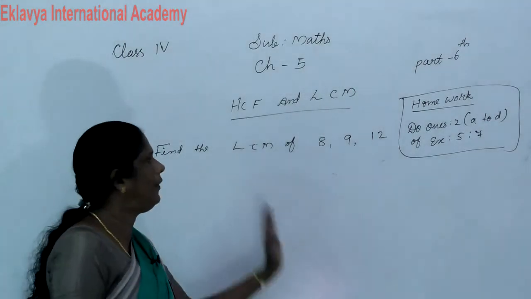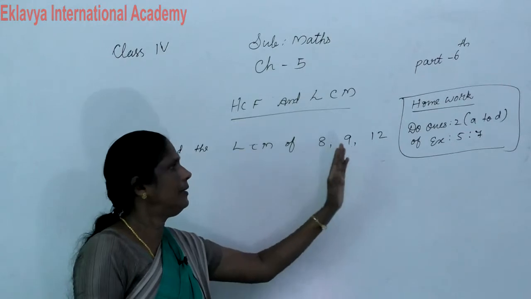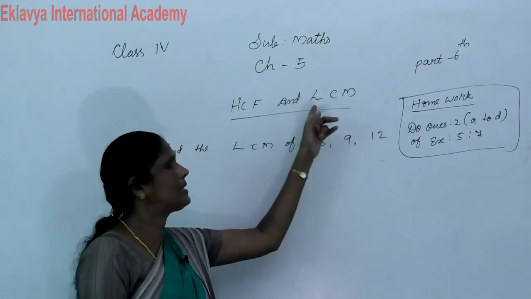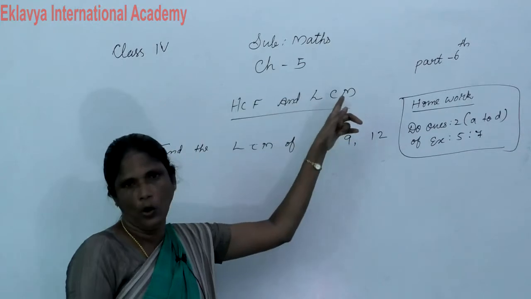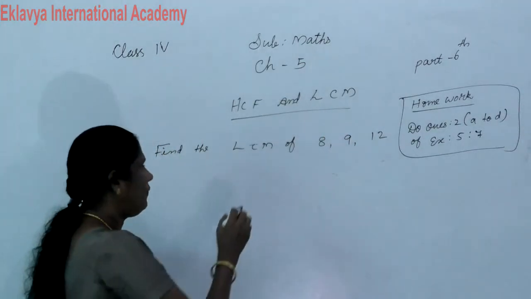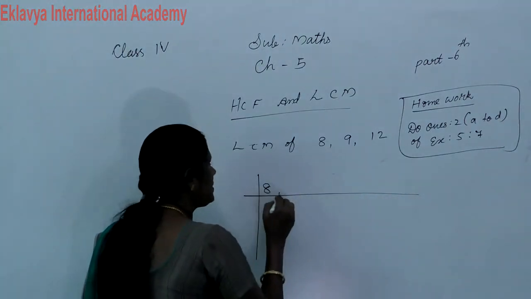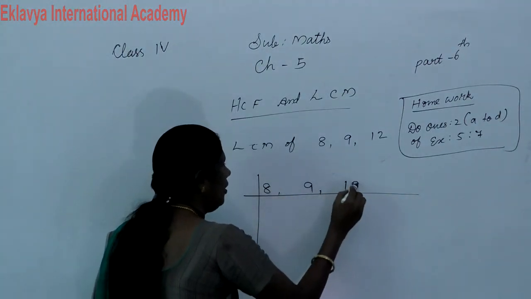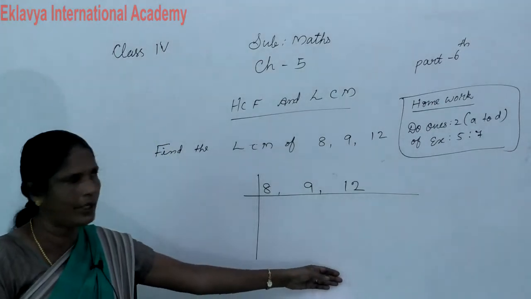Find the LCM of 8, 9, 12. LCM means lowest common multiple or least common multiple. First we find this in the common division method. Which method is this? Common division method. You follow this method.